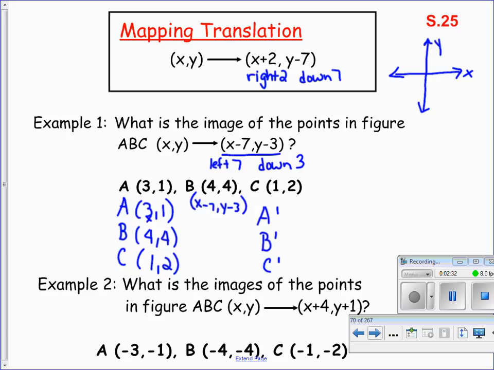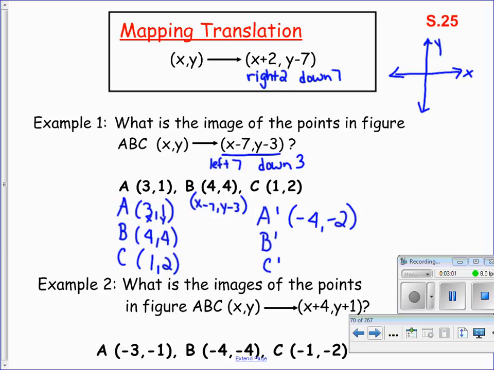A is 3, and they're telling me I'm minus 7, going to the left 7. 3 minus 7, my new coordinate would be negative 4. If I take a look at the y coordinate, currently I'm at 1. Minus 3 means I am going down 3. So 1 minus 3, my new y coordinate is negative 2.